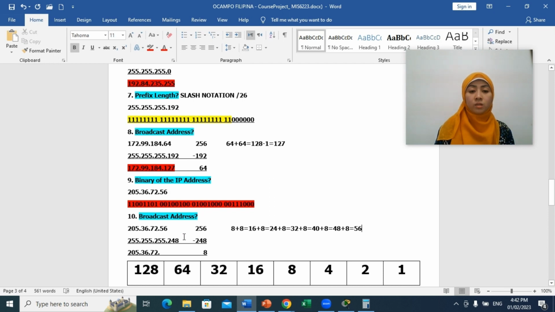Still, they are equivalent. We need greater than 56. So we need to add again 8. So 56 plus 8 is 64. So 64 is greater than 56 now. So what we will do now is we will minus 1 from this to get the broadcast address.